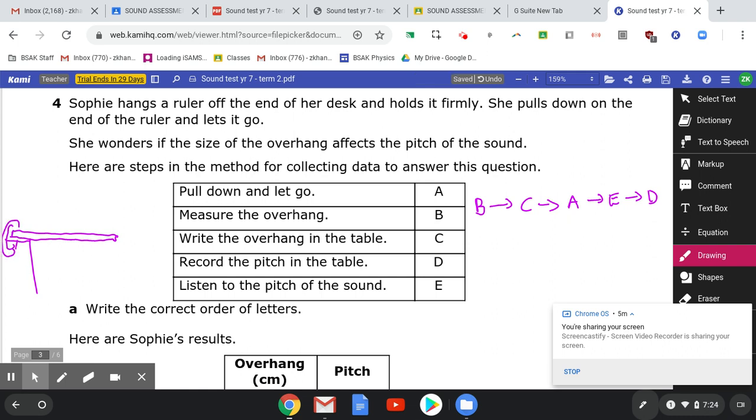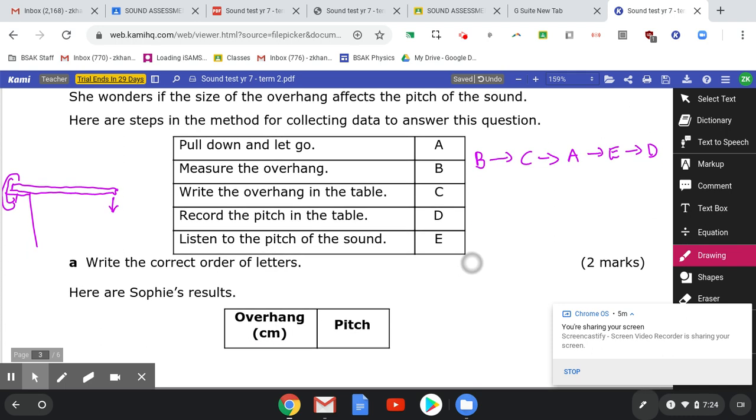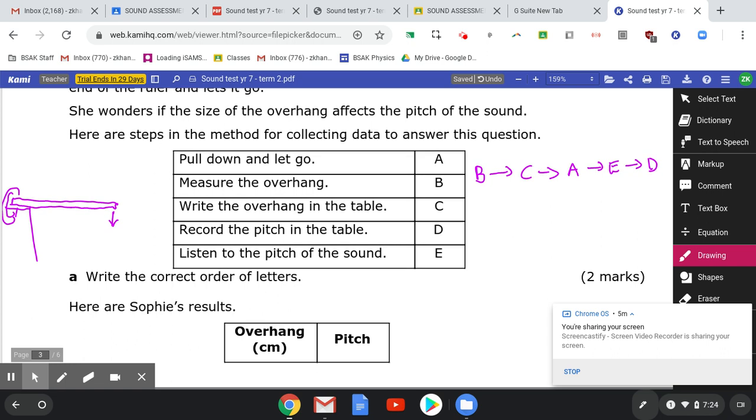And then you move the ruler downwards or upwards and let go, and it'll start to vibrate. When that vibrates, it creates sound. So the experiment is, how are we going to get the overhang and the actual pitch.